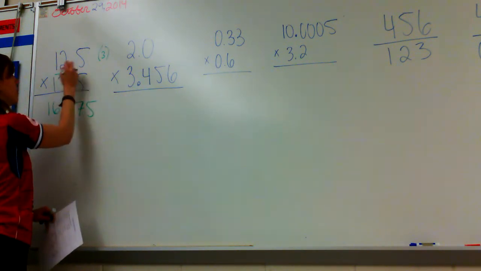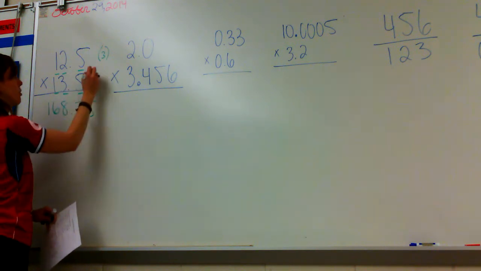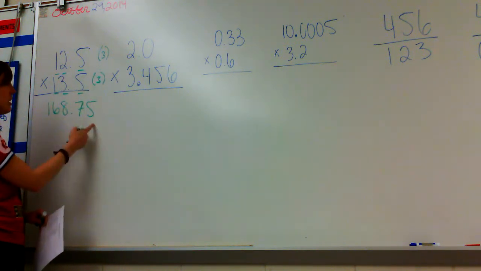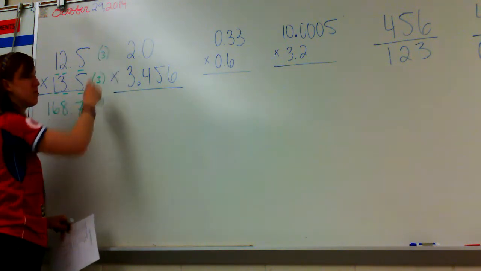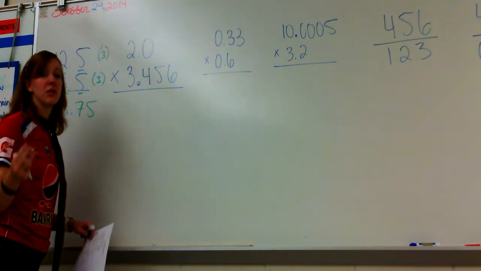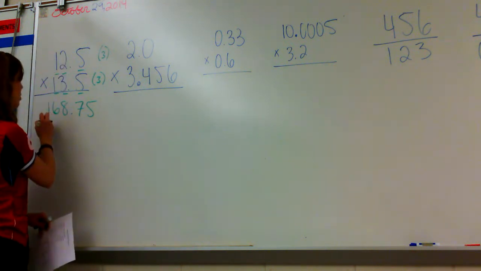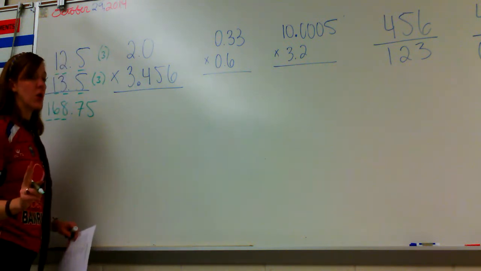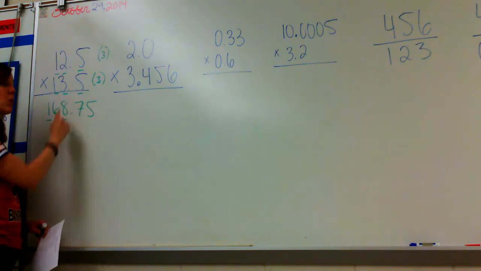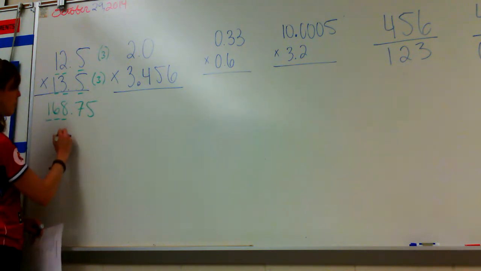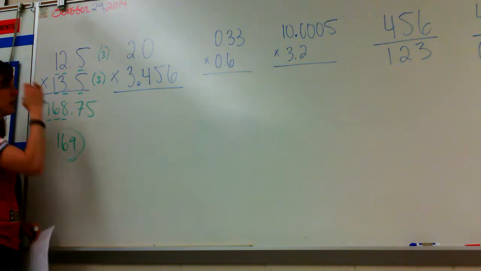There's 3. 1, 2, 3. Here, there's 1, 2, 3. So here, I can't have all 5 of these digits. I only have precision up to 3 significant figures. So I will go with the first 3 digits always. But look, this 7 is big, which means I'm going to round up, which means my final answer is 169.